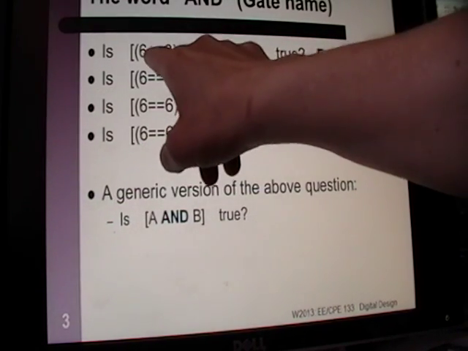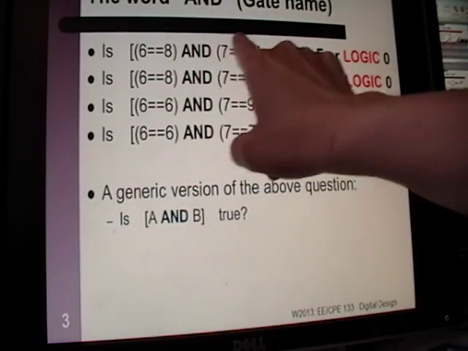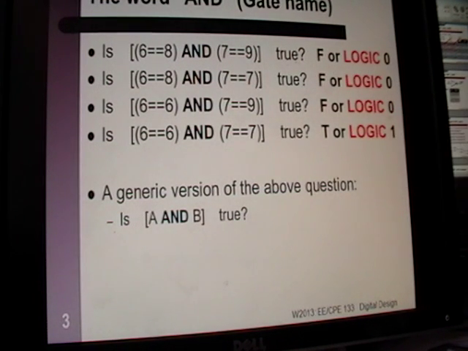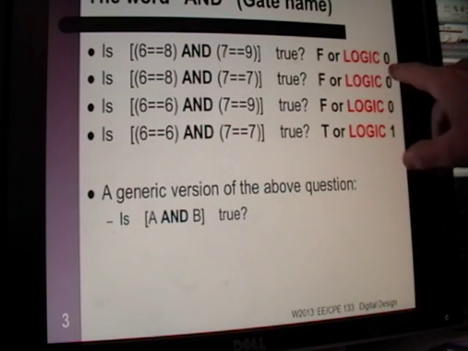In this case right here, this is an input, whether this is true or false, and the output is this logic 0 or logic 1. So if you take an AND circuit, and you give one input the voltage that represents false, and the other input the voltage that represents false, your output of that circuit will be false.